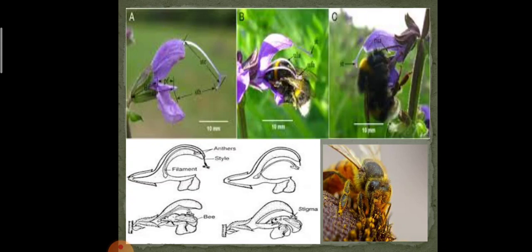You can observe this insect covered by lots of pollen grains, yellow dust-like particles. The pollen grains travel from one flower to another and pollination is carried out. The honey bee is the best pollinator in entomophilous pollination.